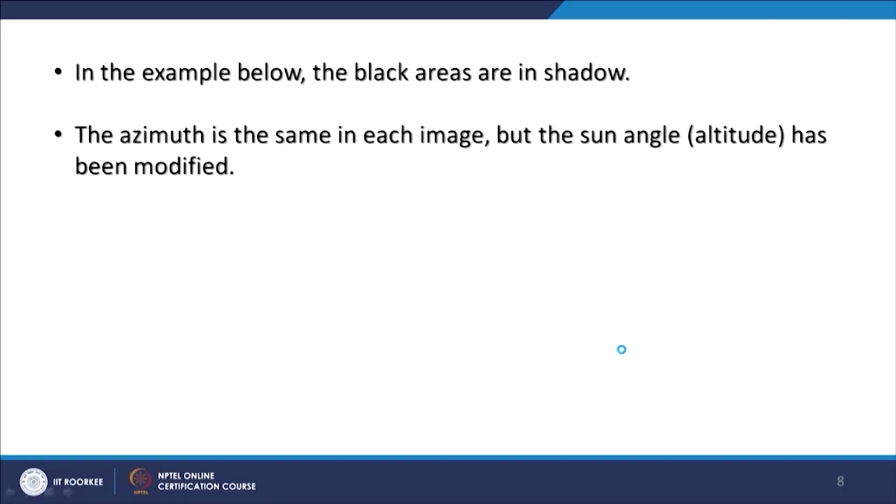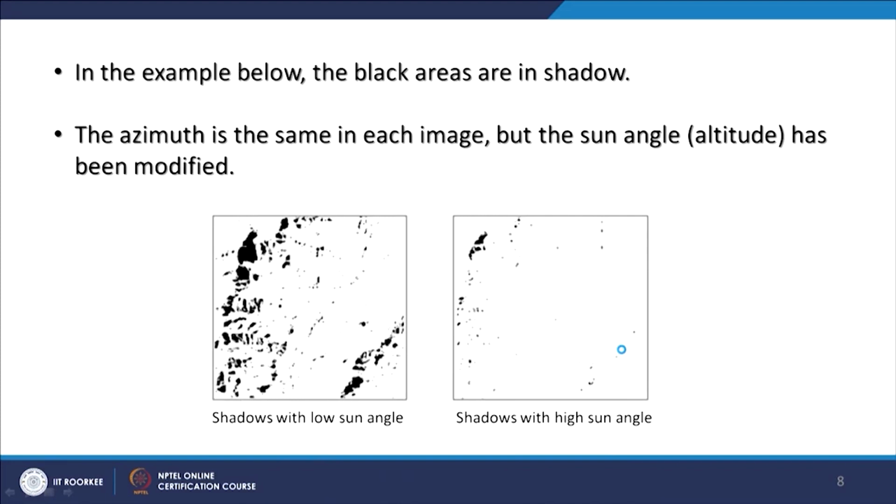Now, the example which we are going to cover: as I have already said, if the sun is in the opposite quadrant, then the other areas will be completely in shadow. The azimuth is the same in each of these two images, but the altitude or elevation has been changed.